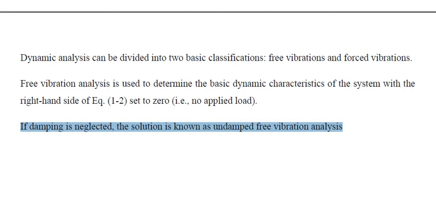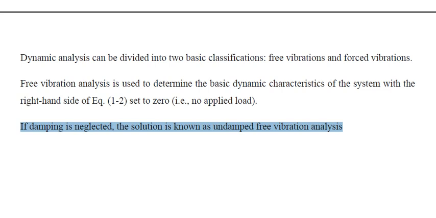And the equation of free vibration is m u double dot of t plus c u dot of t plus k u of t is equal to 0. In place of f of t, we write 0 for free vibrations. Whereas for forced vibration, the right hand side of the equation is f of t.